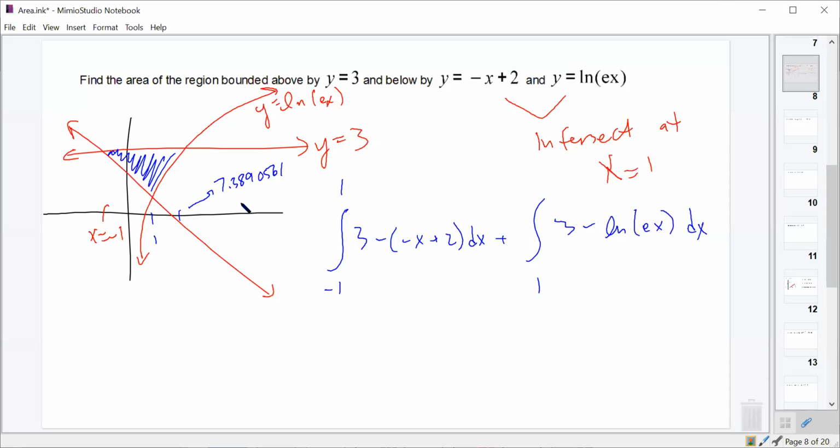And so if this was the AP test, you'd say something like 3 equals ln ex at x equals 7.3890561. Everybody good there or no?